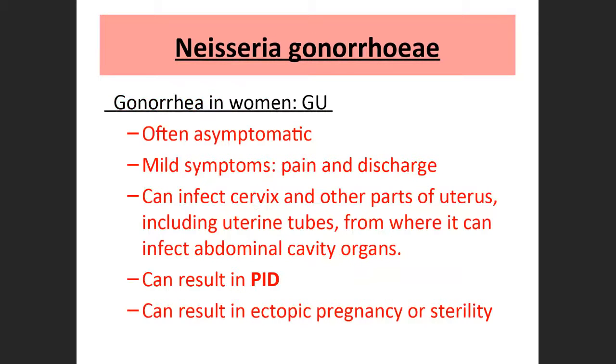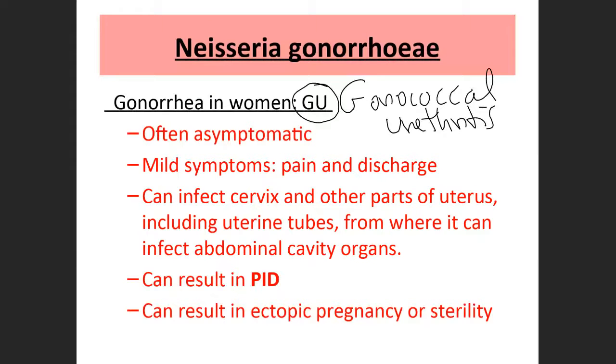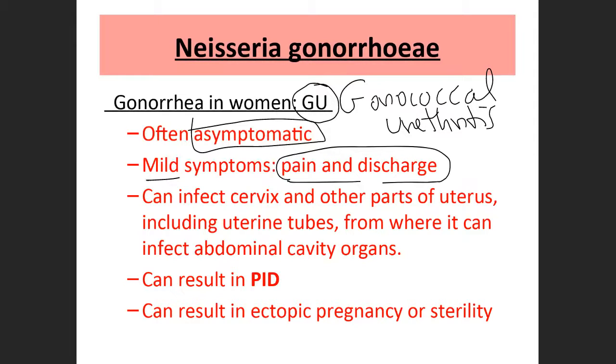Gonorrhea in women causes gonococcal urethritis, also called GU. It is often asymptomatic, or the symptoms are mild, pain or a discharge. Most females with pain or a discharge, especially mild pain, may not pay much attention because that could be a premenstrual happening, for example.